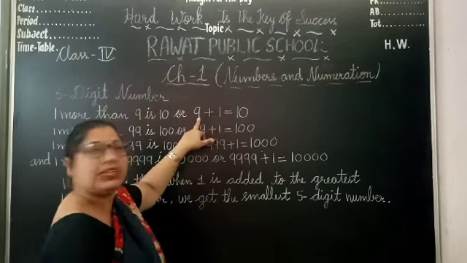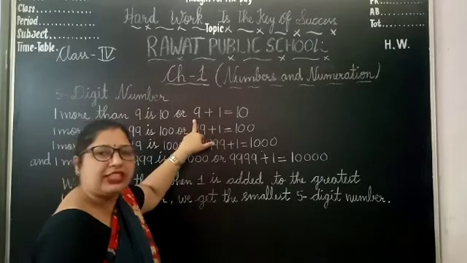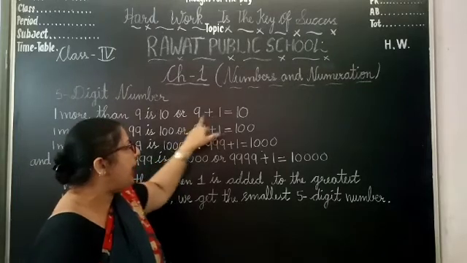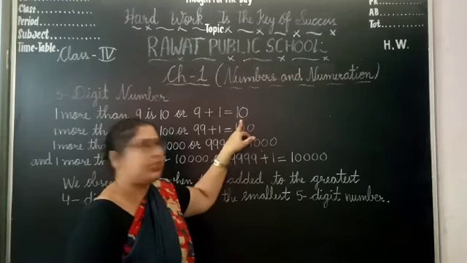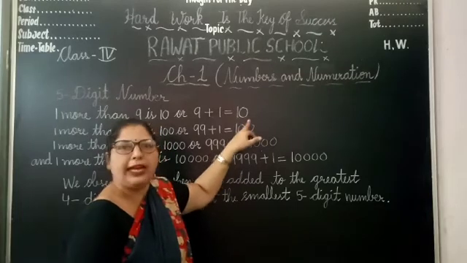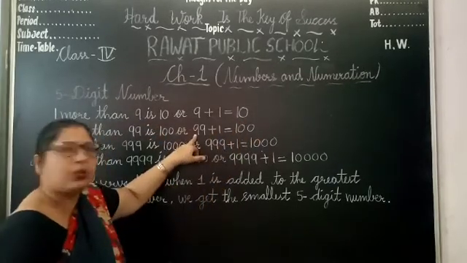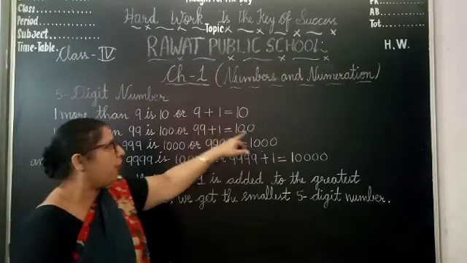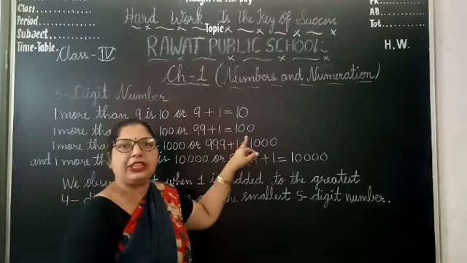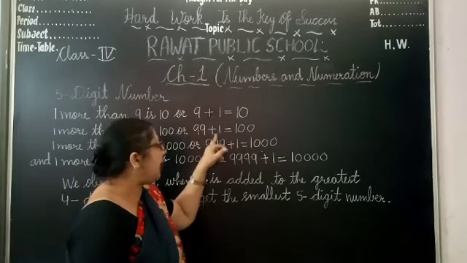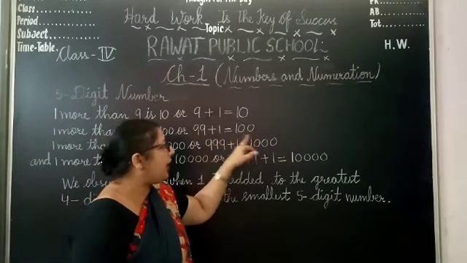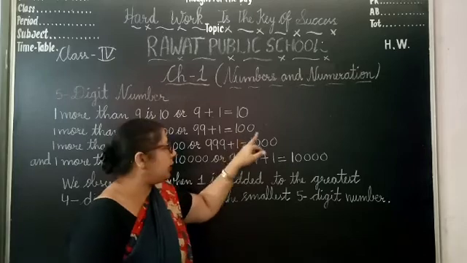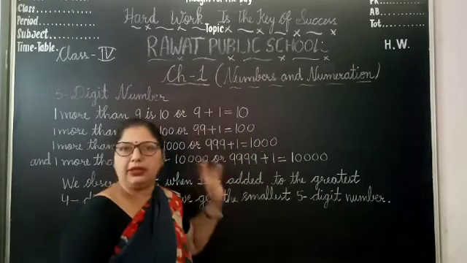See, this is 1 digit, the greatest 1-digit number, and this is the smallest 2-digit number. Here it is 2 digits, 1 and 2. This is the greatest 2-digit number, and when we add 1 to it, we get the smallest 3-digit number. Means 99 plus 1 is equal to 100. 100 is the smallest 3-digit number. 1, 2, 3.